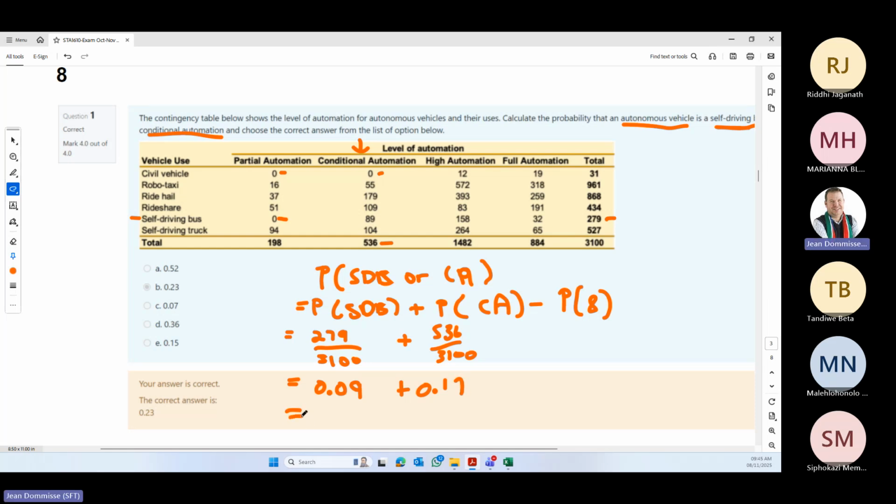Okay, and then subtract the and, so self-driving and conditional, 89 divided by 3100. I'm just going to keep those digits, but we could have probably said 0.03.